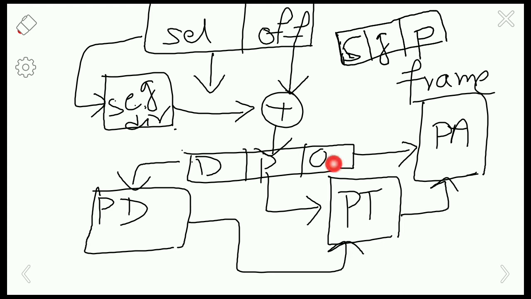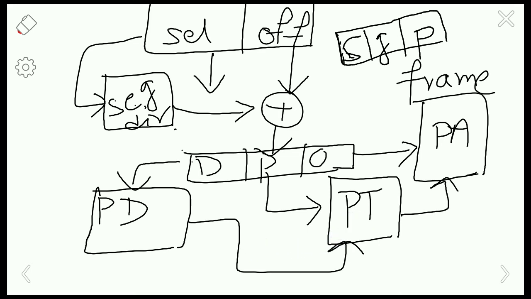Here the directory number is used as an index to the page table entry, since we are using two level paging. The page table is very large, so we divide the page table into multiple pages, and we page the page table itself into the page directory. That's why the page directory acts as an index for the page table entry.